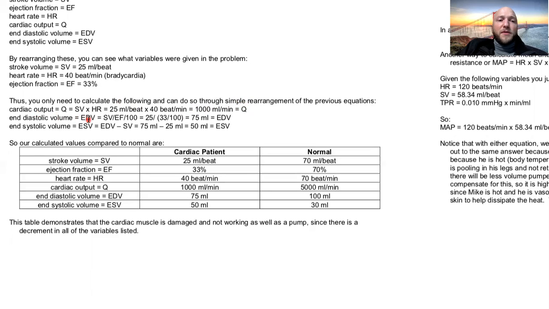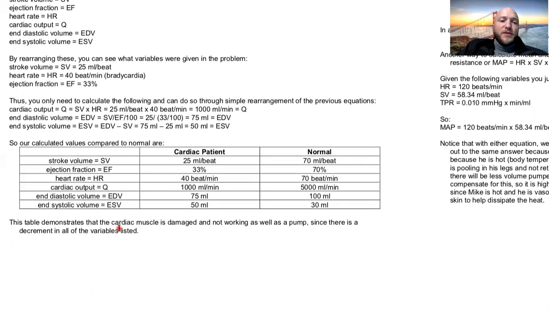And end diastolic volume is equal to stroke volume divided by ejection fraction times 100. So 25 divided by 33% gives us 75 milliliters. It's our end diastolic volume. End systolic volume is going to be end diastolic volume minus stroke volume, which gives us 50 milliliters as our end systolic volume.